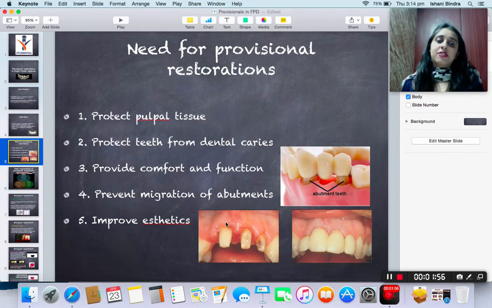In this patient, we do not want a patient to go home like this. When other people see the patient smiling, they'll get scared, and even the patient himself or herself will not be comfortable to smile. So in such cases, the provisional restorations will not only improve the aesthetics but also the confidence of the patient.